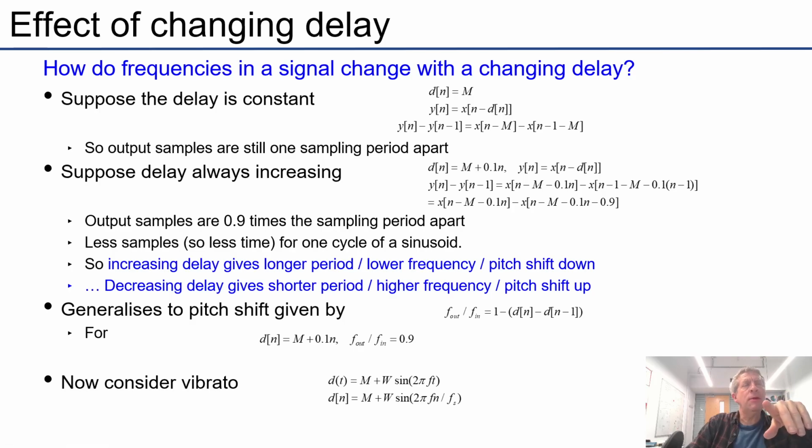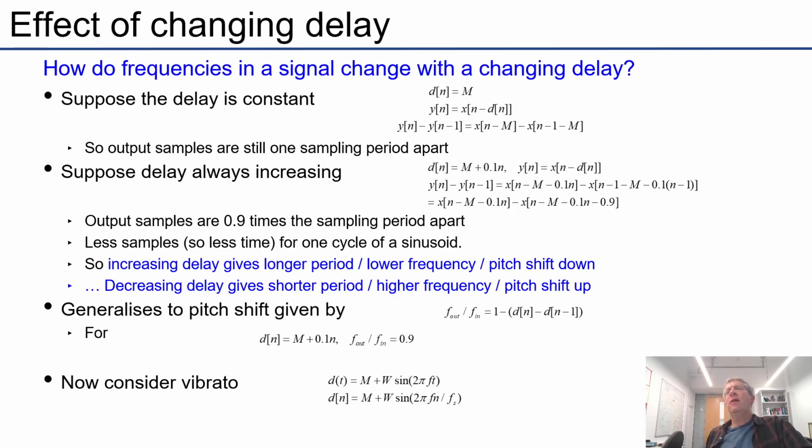We can do a bit of math here. We can calculate the effect of changing delay and can actually predict what it does for different LFOs. So let's start with the trivial case. Supposing the delay is constant. We're not changing delay at all.